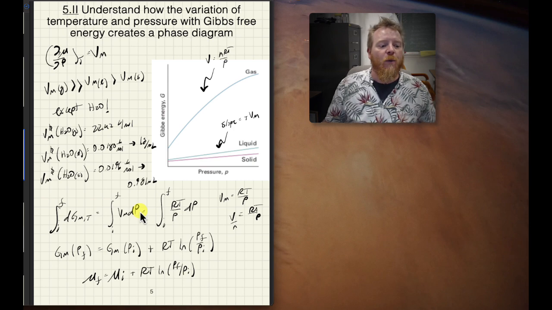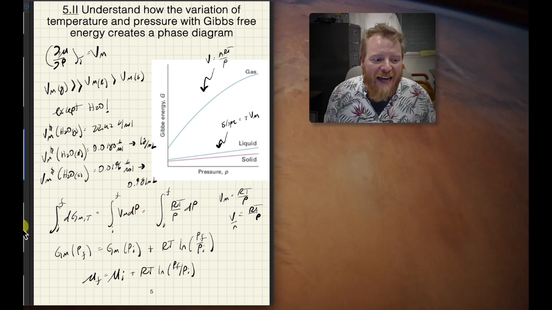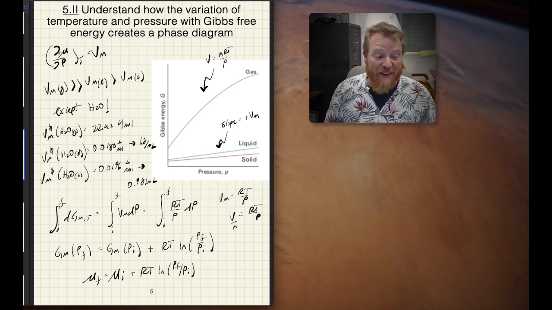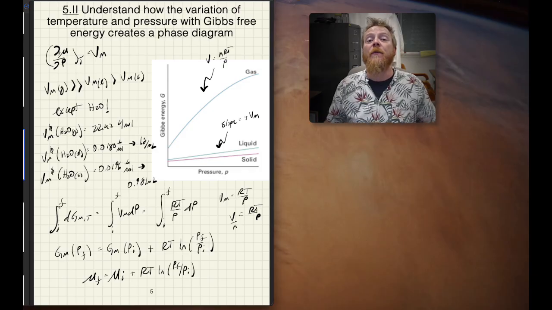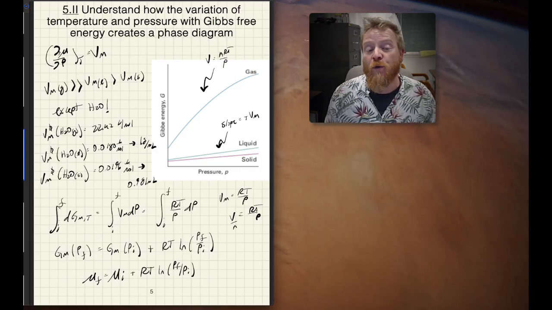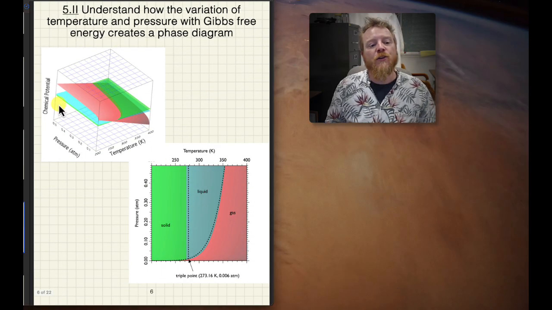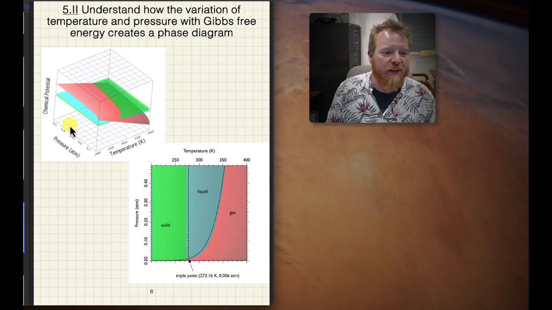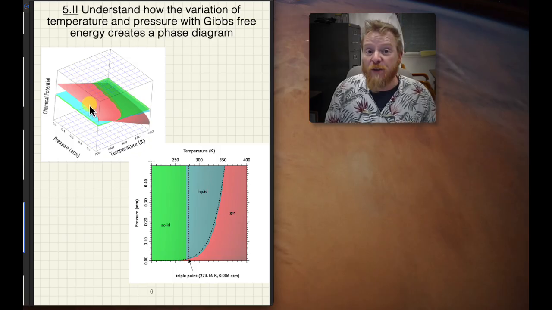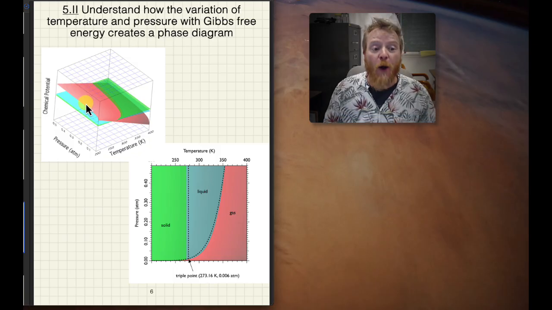So now we have to combine these two axes in order to make a phase diagram. And we have to remember that the phase that has the lowest overall chemical potential is the one that will be observed. So we can make this rather fantastic looking 3D diagram where each one of those surfaces, like I showed you in the first video, corresponds to any one pure phase.